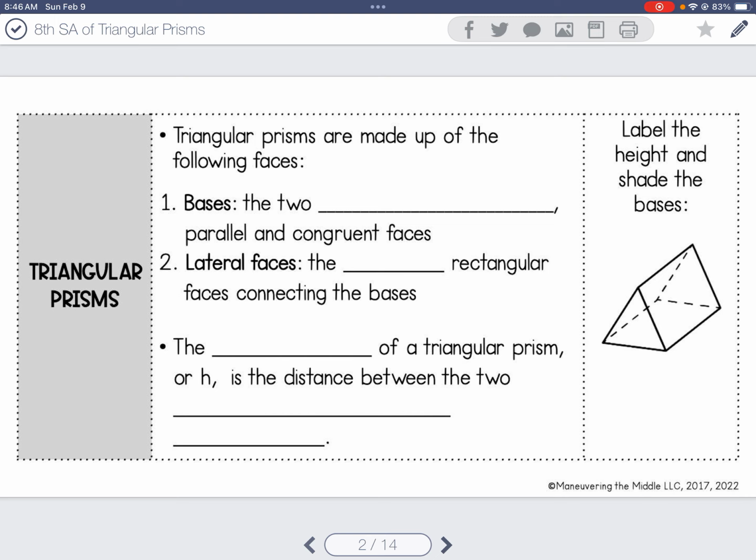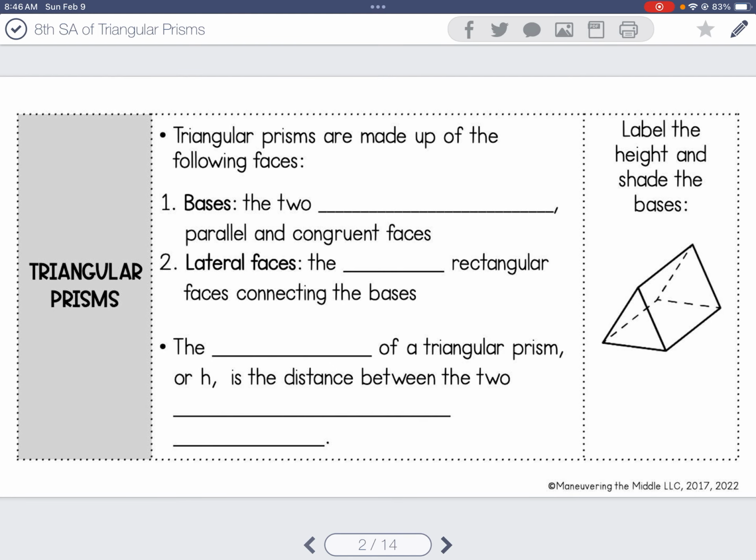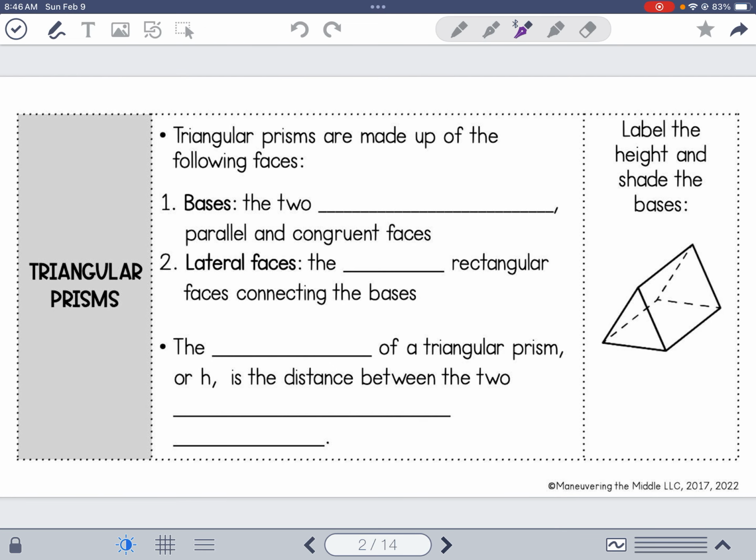Triangular prisms are made up of the following faces. Now, we already did this. We know that it's two triangular, parallel and congruent faces. The lateral is the 3 rectangles.